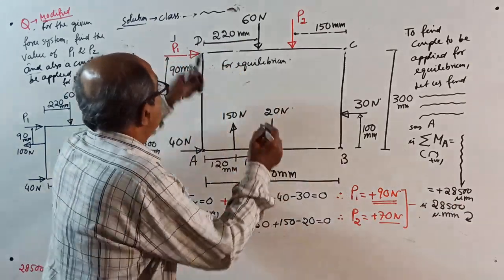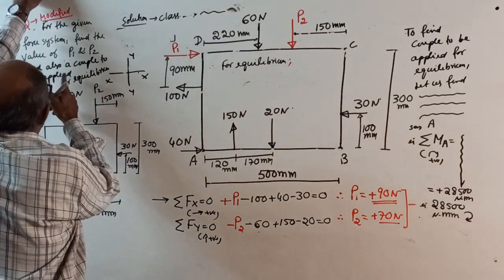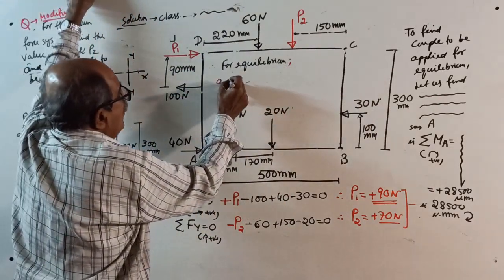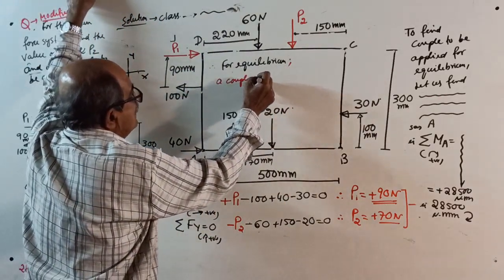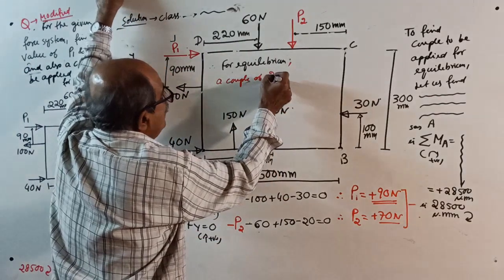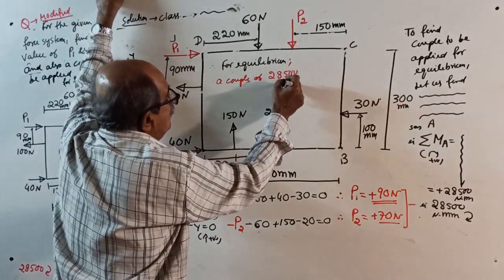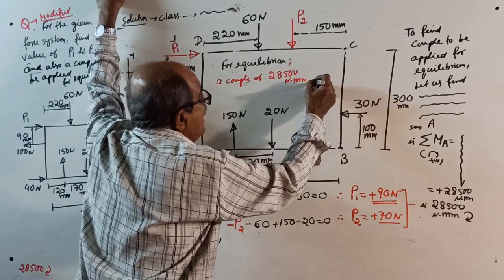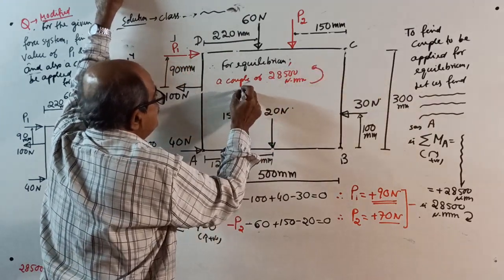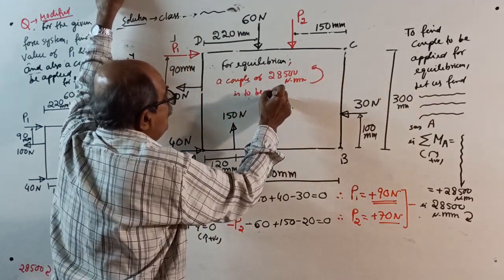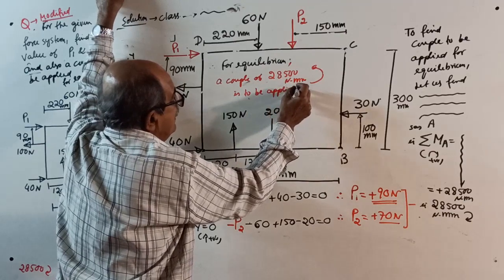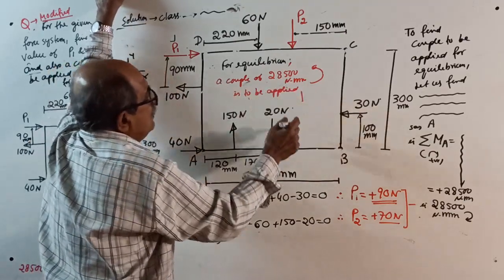Write the statement: for equilibrium, a couple of 28500 Newton millimeter anti-clockwise is to be applied, wherever you want in the plane.